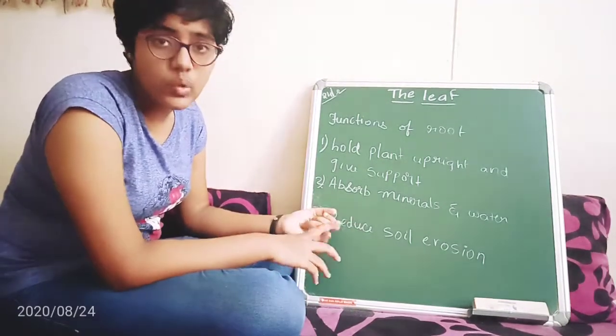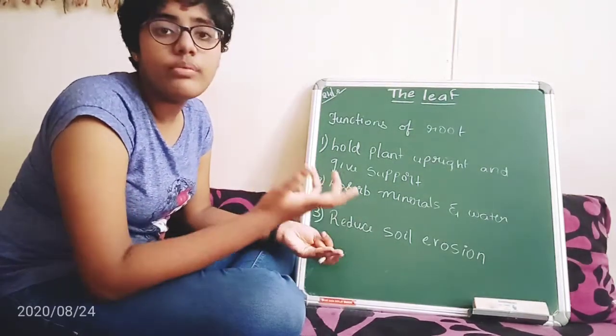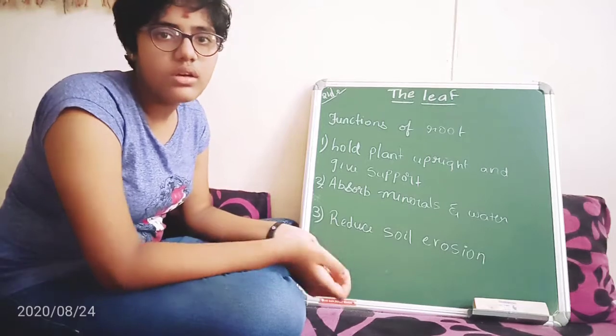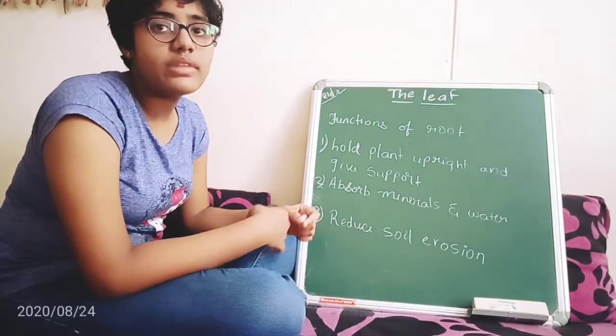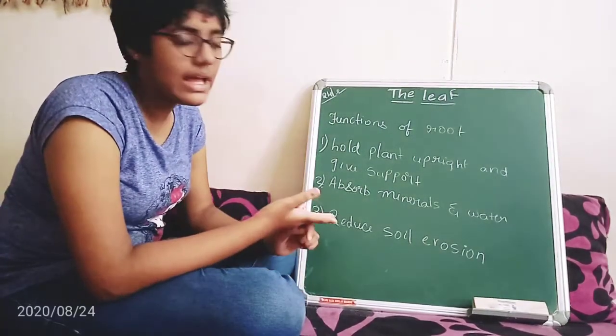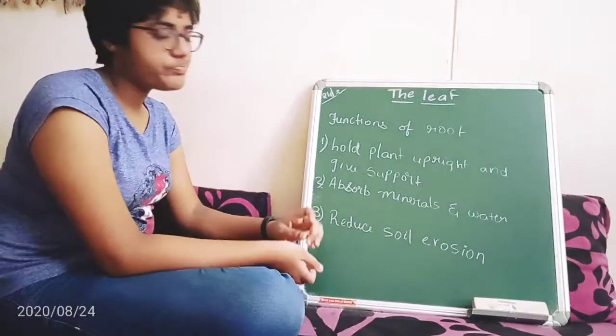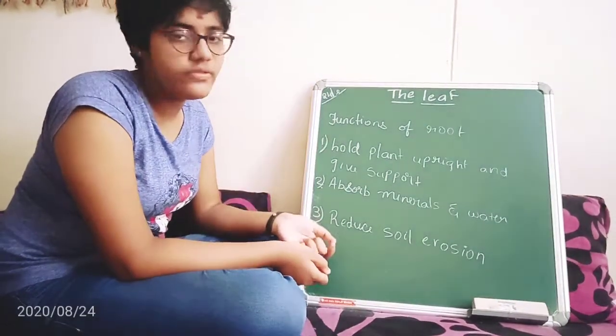They absorb water from the soil, from where we pour water to the plant, right? When we pour that water, it gets absorbed in the soil. The root absorbs that water for what? Photosynthesis, that we'll learn further.